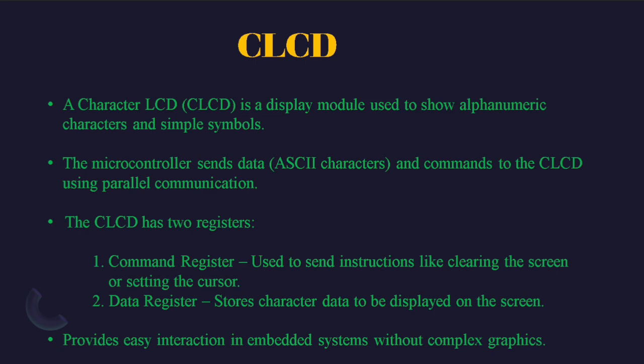The CLCD has two registers, that is command register and data register. The command register is used to send instructions like clearing the screen or setting the cursor. The data register stores character data to be displayed on the screen. It also provides easy interaction in embedded systems without complex graphics.